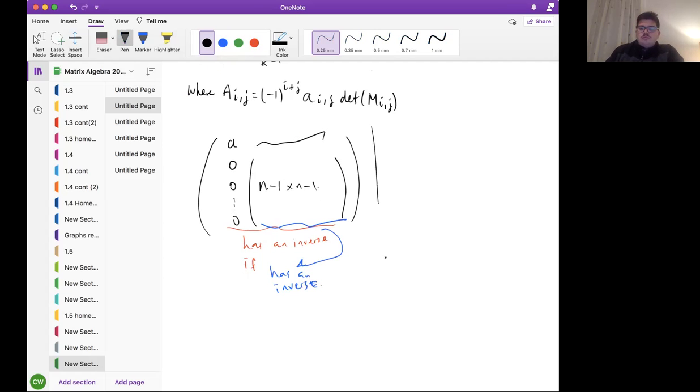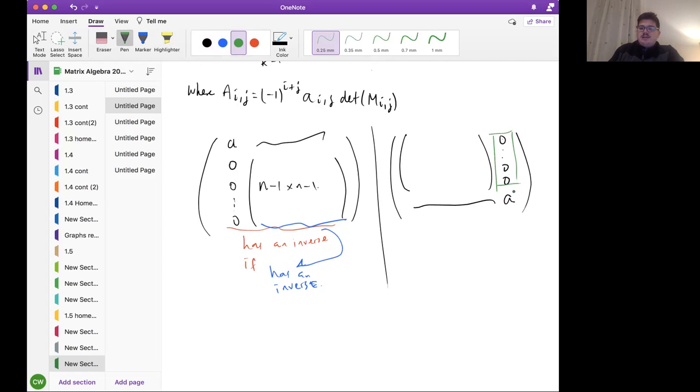But maybe if I wanted to do this, if I deleted the elements in like this column, let's say, and I looked at this n-1 times n-1 matrix, would you also agree that the determinant of the whole matrix is dependent on this being row equivalent to identity?